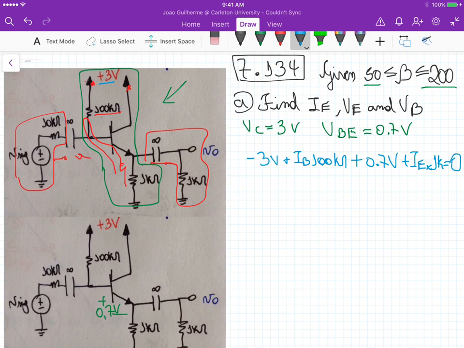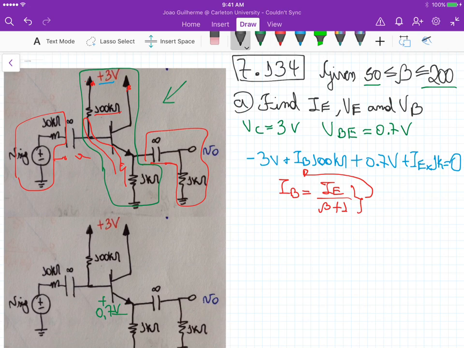That's the equation. Now remember that for active mode operation, the base current is equal to IE divided by beta plus 1. So we can substitute this equation for the base current, and then we can isolate IE.